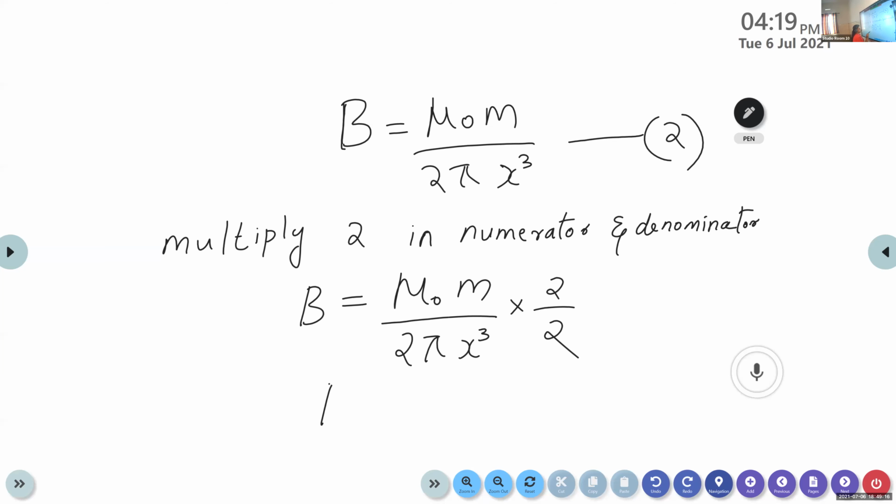Or by rearranging this equation, we can write B is equal to mu 0 2m divided by 4 pi x cube.